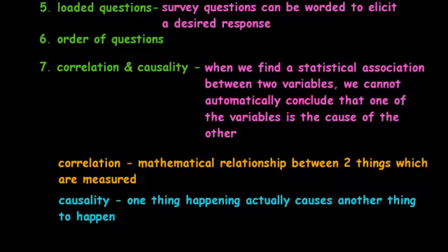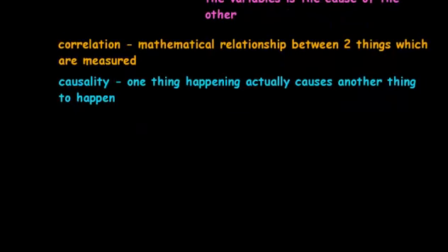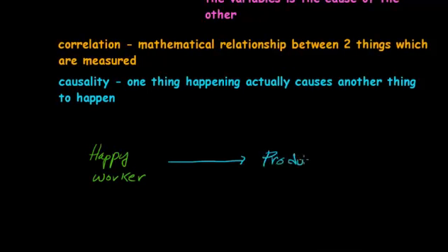For example, if they studied workers and measured how happy people were at their job, and found that a happy worker led to a productive worker, and they claimed, well, employers, all you need to do is make your people happy and they'll be more productive. You know, put free coffee in the break room, hang up pleasant pictures around the office, things to make people happier, and they'll be more productive. Jumping to that claim is not necessarily the right way to go.